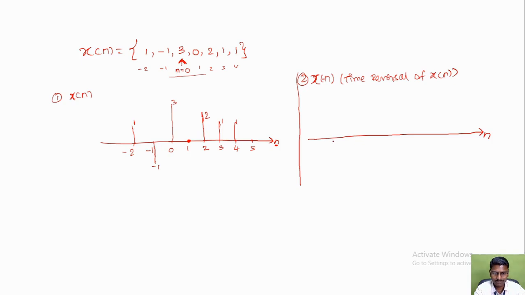So it will start from -4, because here I have 4 on the positive side, and -n is the opposite of x of n. So -4, -3, -2, -1, 0, 1, and it ends at plus 2, 3, 4. For -4 it is 1, and for -3 it is 1. Next for -2 it is 2.